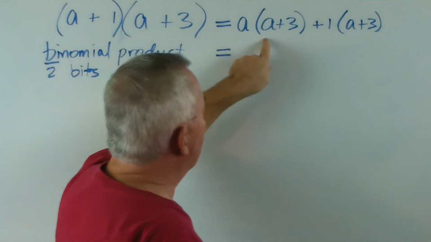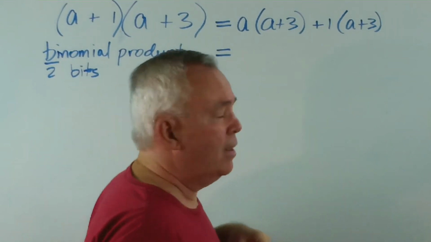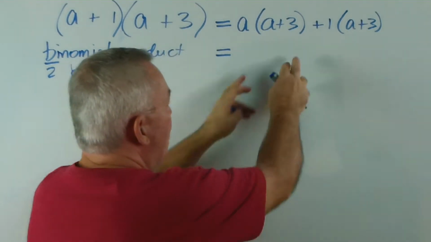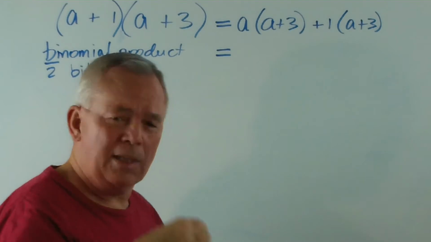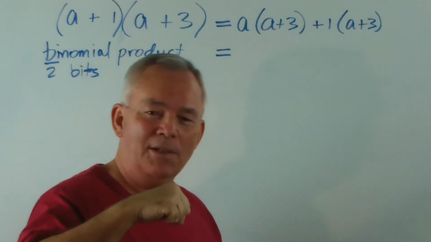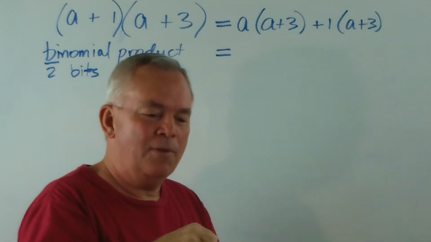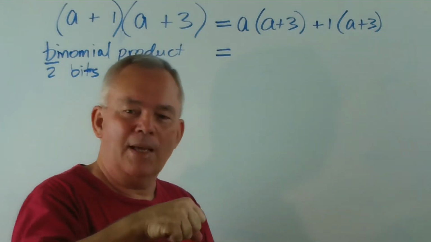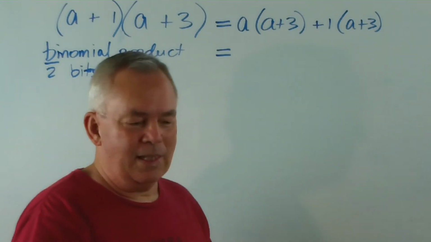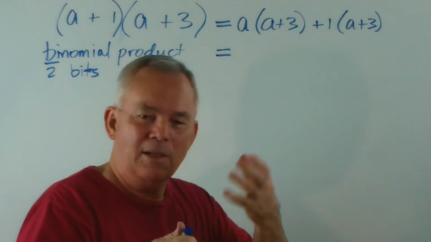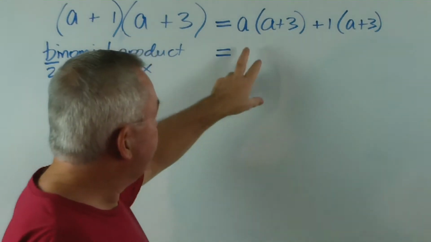Now, if the a has to multiply all of that, then it's got to multiply each bit. When I teach it to children, I think about a little party bag. Children come to a party, and when they leave, the mum or dad often gives the little children a little party bag to take home, and it can contain a few little lollies or a pen and a booklet or all sorts of little odds and ends.